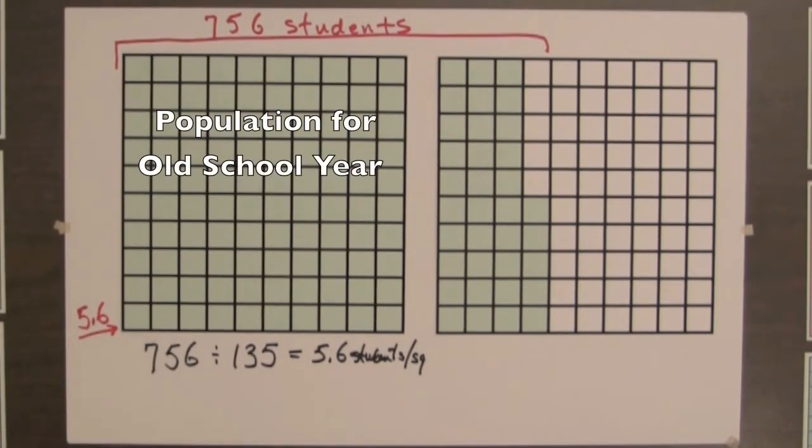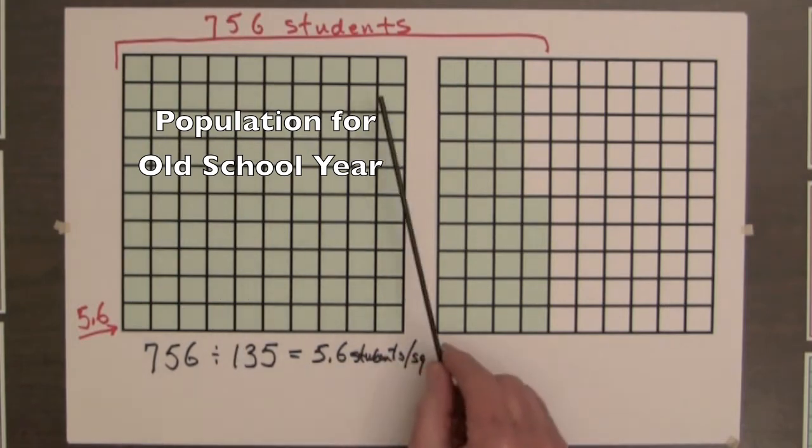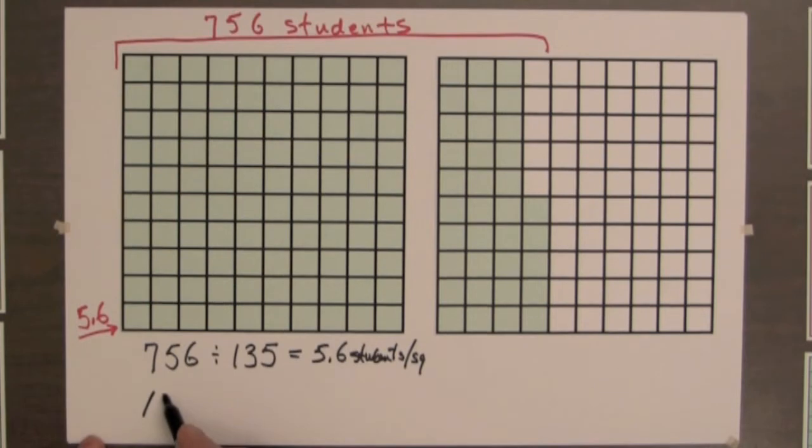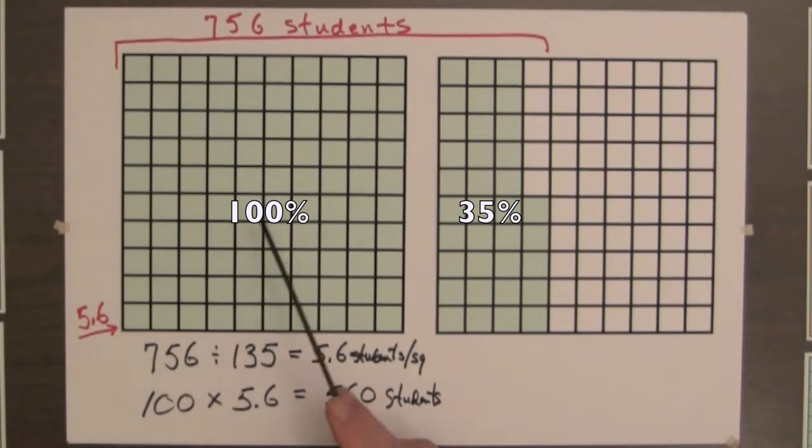The school population for the old year is the value of the unit square. And this is 100 times 5 6/10, and that's equal to 560 students.